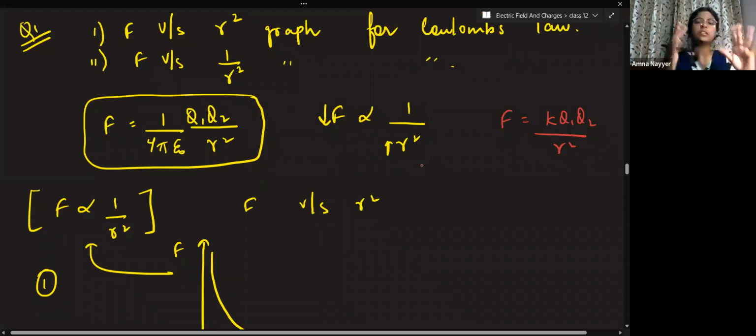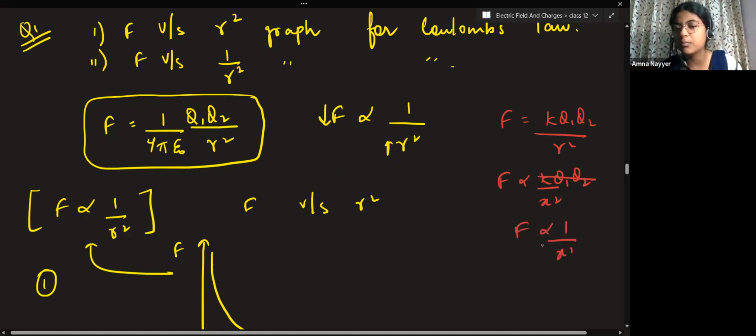Let us replace the term with x. So we see f is inversely proportional to x, since 1 by x, and k q1 q2 are constant. We just have to replace r square with x, because in the first part it is saying force versus r square. The rest of the terms are constant, so we can directly say force is inversely proportional to x. Fine. So that's how we have drawn the graph.